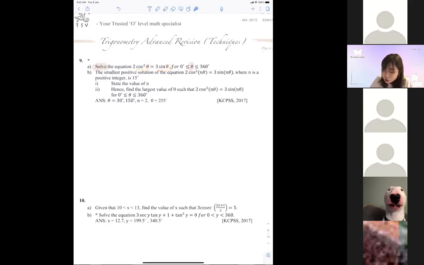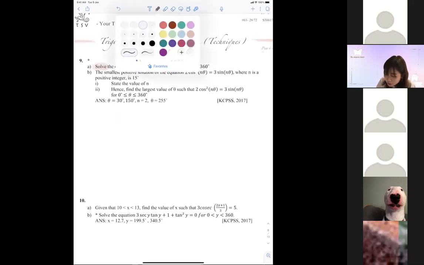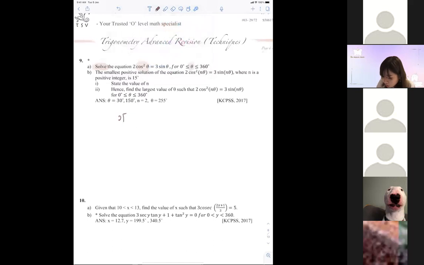And by doing so, you try to make the trigo the same. Okay, if the angle is already the same, then if you have one with square, one without square, you always change the one with a square. Using what? Using the first three formulas. So if you still remember, sine square plus cosine square equals to 1. So cosine square you can change to 1 minus sine square.